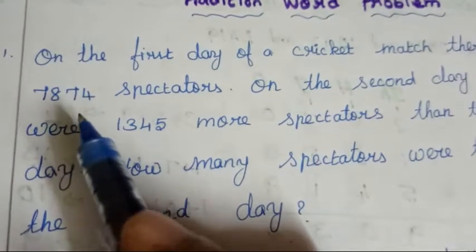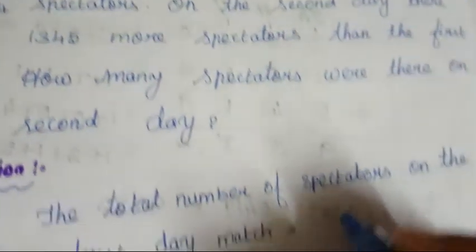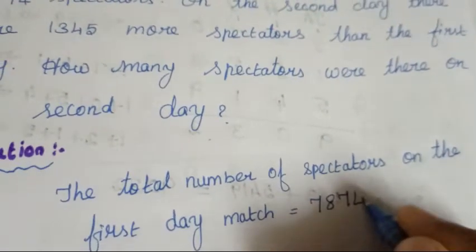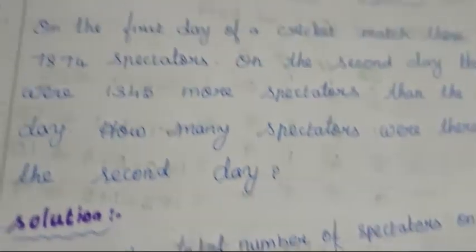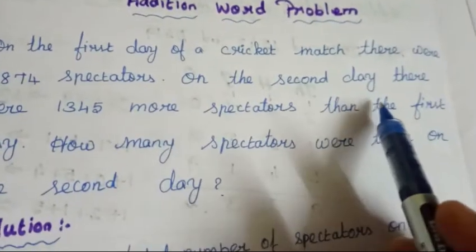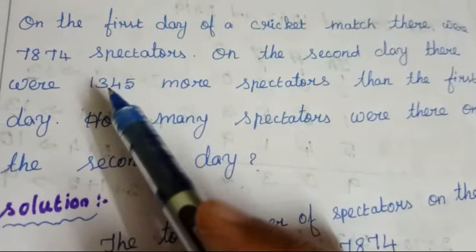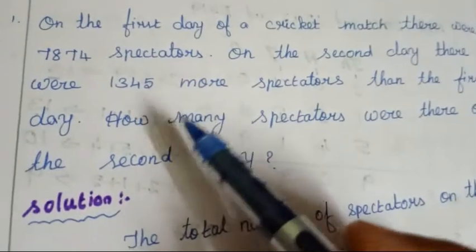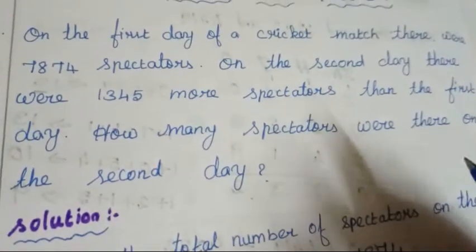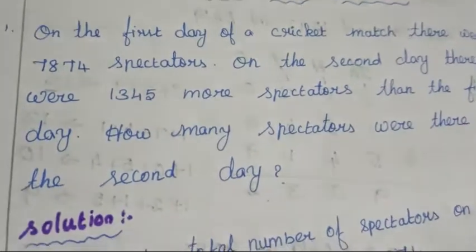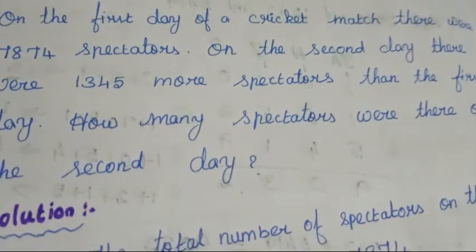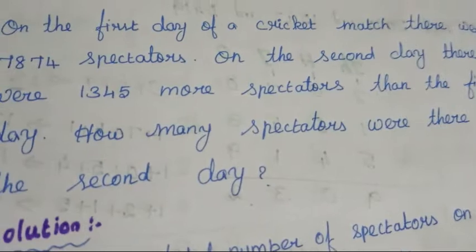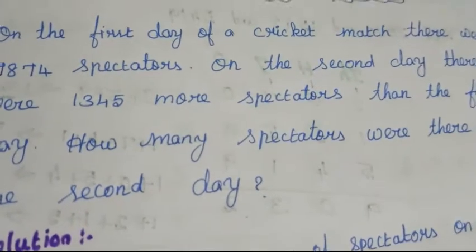Yes, 7,874. So write 7,874. Now on the second day there were 1,345 more spectators than the first day. Now the total number of spectators on the second day is 1,345 more spectators than the first day.